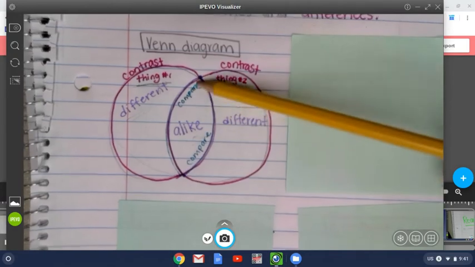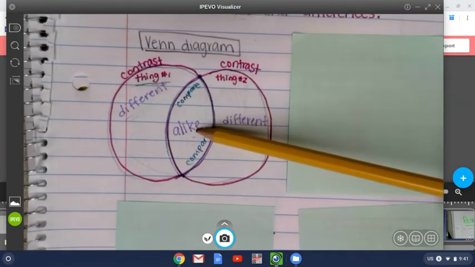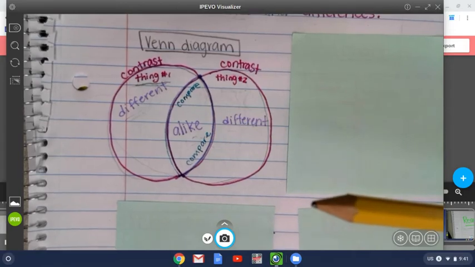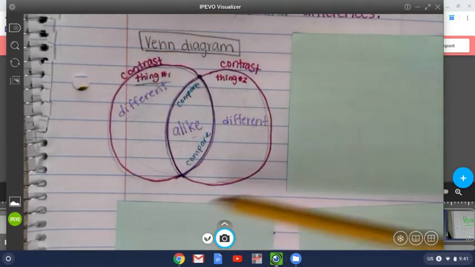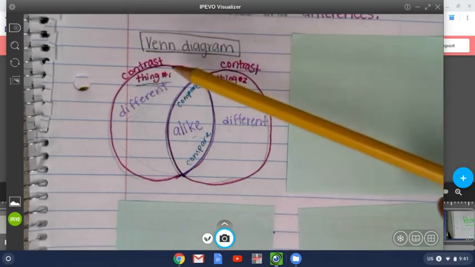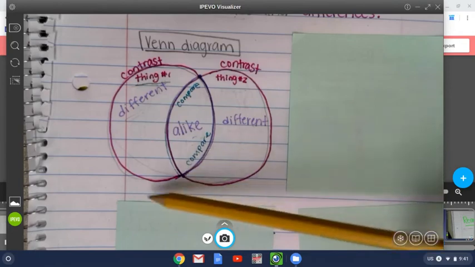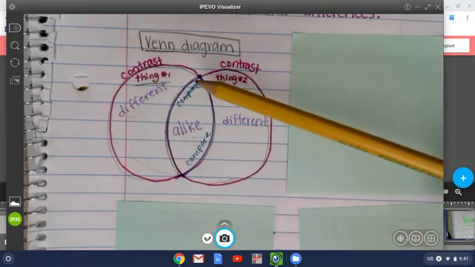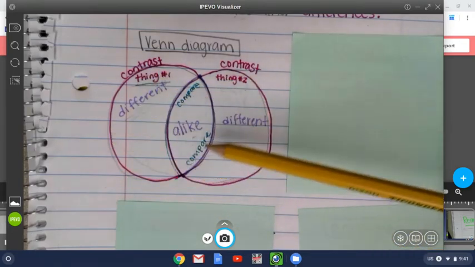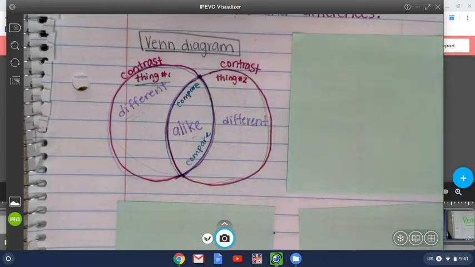And then in the middle, you are comparing them and telling how they are alike, the things that they have in common. So go ahead and copy this Venn diagram. Once again, I used red to tell how they are different, and then in the middle, I did blue to show how they are the same.